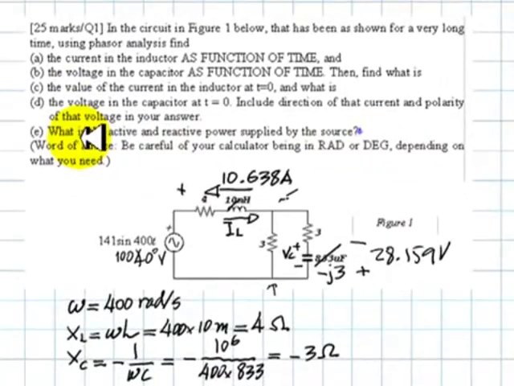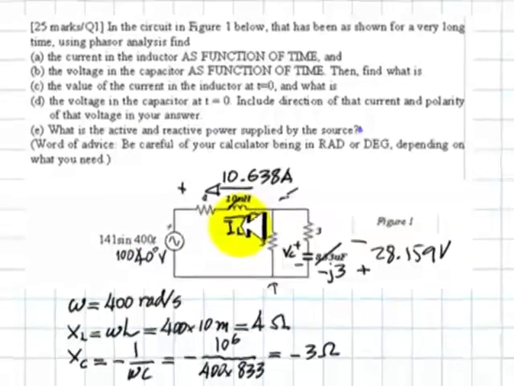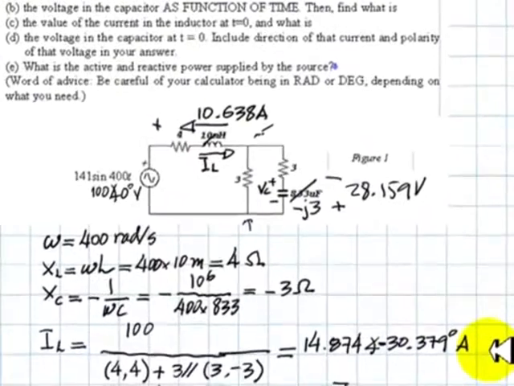To work on the last part, what is the active and reactive power supplied by the source? We multiply the voltage at the source, 100, times the complex conjugate of the current in the source, which is the same current in the inductor which we found before.